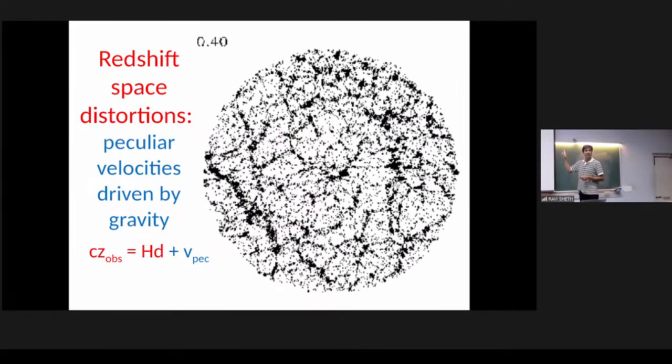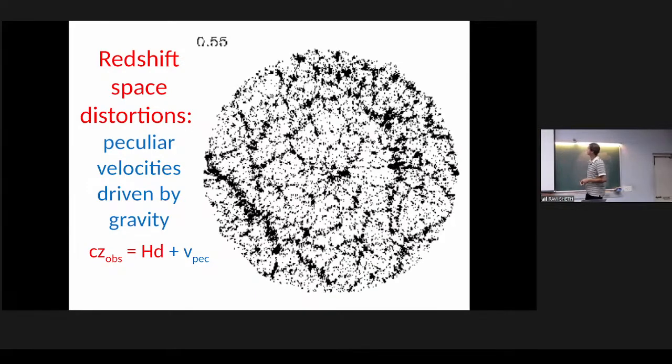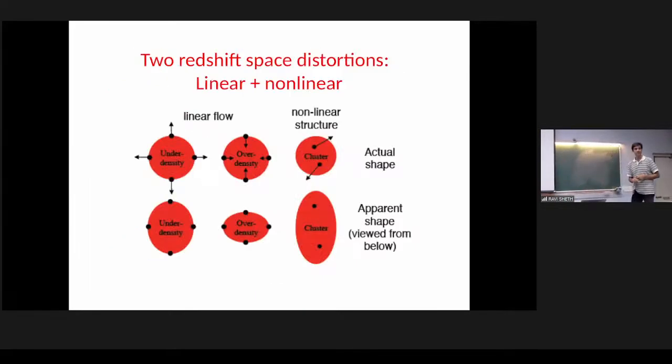And we will have to be careful about this effect for the following reason. Let's imagine that I started with a sphere. And suppose this sphere is slightly overdense. If it's slightly overdense, then gravity is going to make it collapse. The arrows show gravity making everything collapse inward.